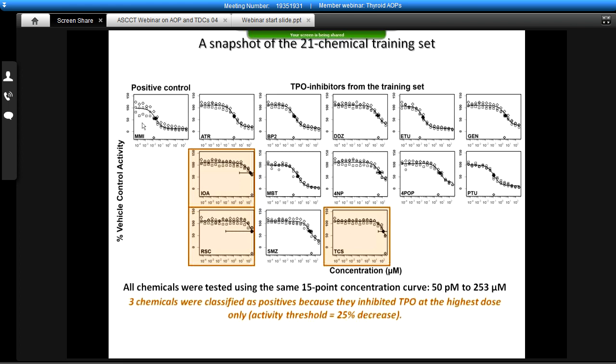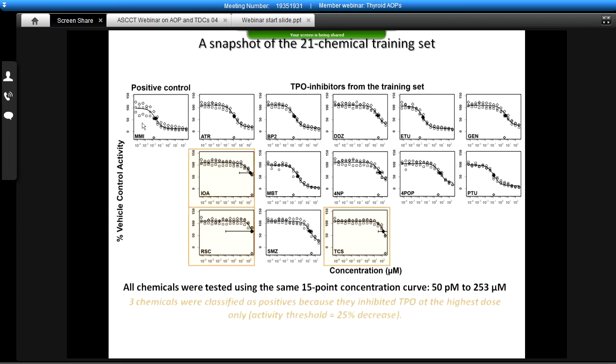So we can't really say that either of these compounds are necessarily false positives, as they decrease thyroid hormones in vivo, and study of their impact on TPO has been limited to one other report with the legacy guaiacol assay. However, it should be noted that these compounds only inhibited TPO activity at 253 micromolar, and triclosan would certainly be cytotoxic in a cell-based model at that concentration. So while they may not be false positives, they may be irrelevant.